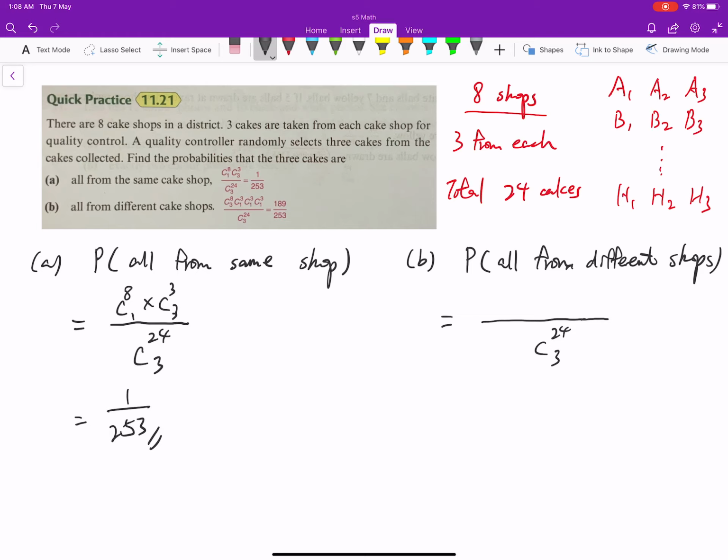So how many shops do they belong to if they need to be from different cake shops? 3 shops, right? So you choose these 3 out of these 8, so 8C3. And then after we choose the shops, we need to choose 1 cake from each shop. There are 3 cakes from each shop selected, right? So you get 3C1, and then you have 3 of them. And this is already the answer.